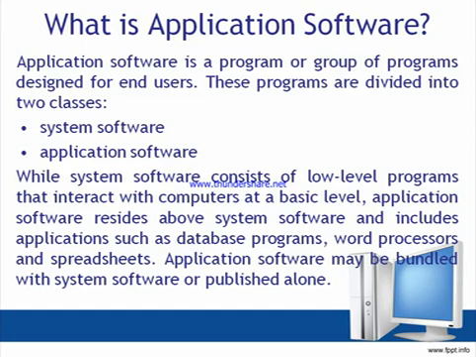While system software consists of low-level programs that interact with computers at a basic level, application software resides above system software and includes applications such as database programs, word processors, and spreadsheets. Application software may be bundled with system software or published alone.